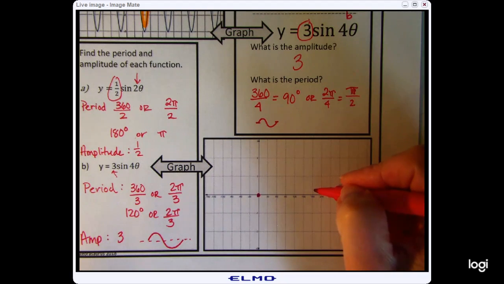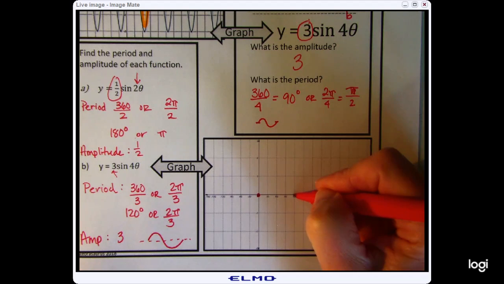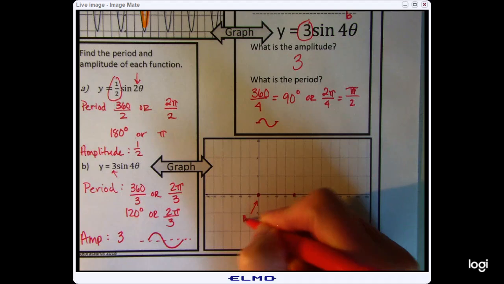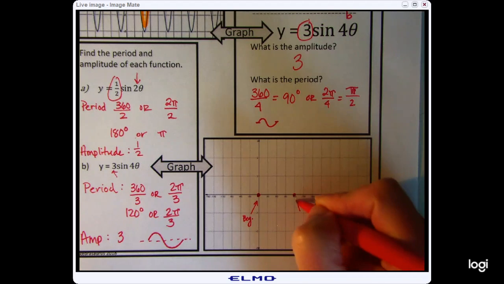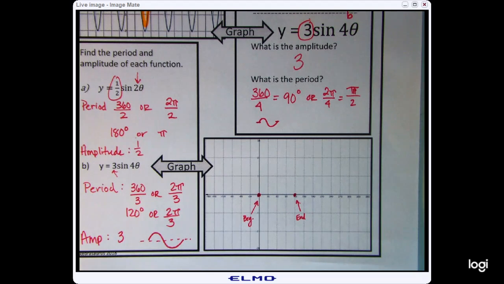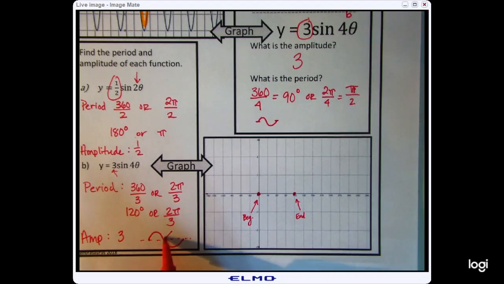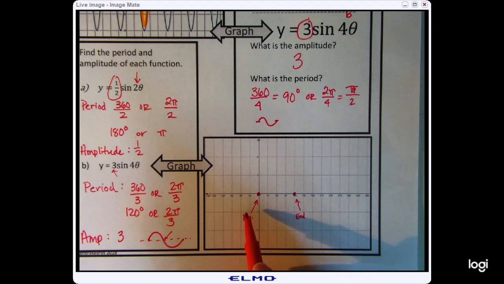So here is my beginning. Here is the end of one cycle. And then we're just going to split this in half and then split it in half again, which is the easiest way. So we're at midline at the beginning, at the ending, and also right in the very center.